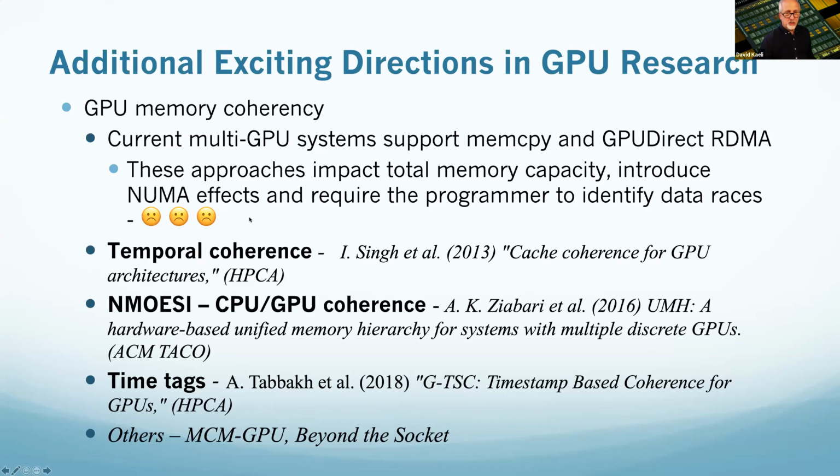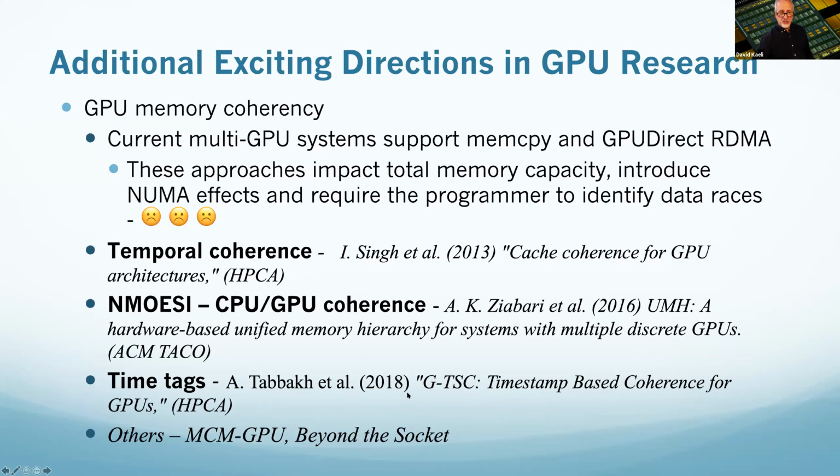There was some nice work presented in HPCA 2013 on cache coherence for GPU architectures. There's also been work on coherence architectures between CPU and GPU for an APU design. The UMH work done by our own group was presented in TACO in 2016.